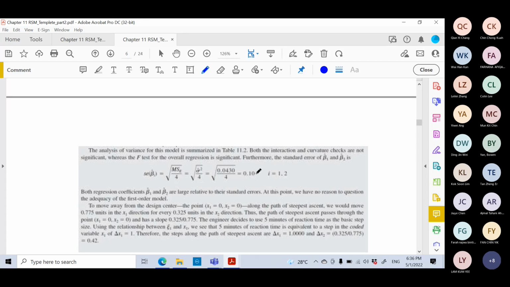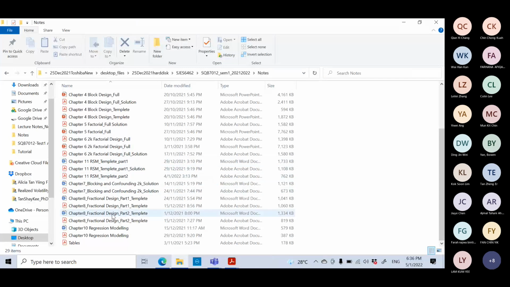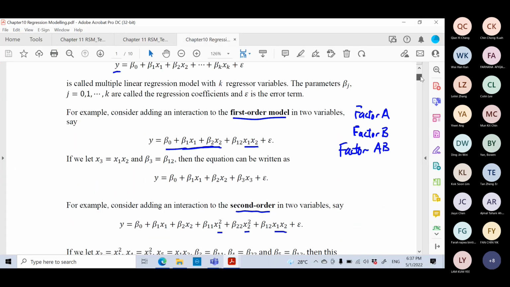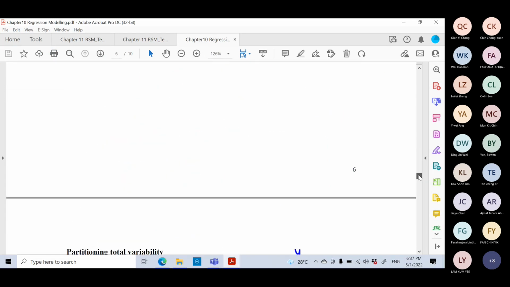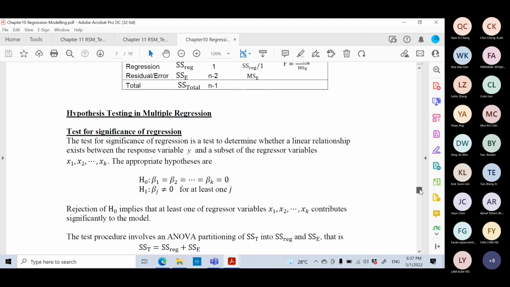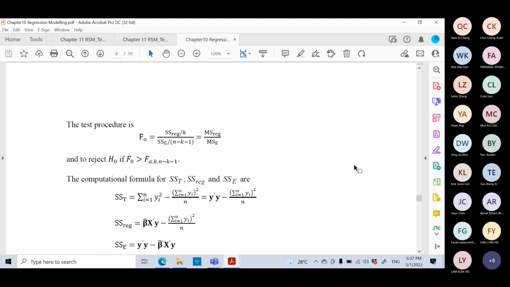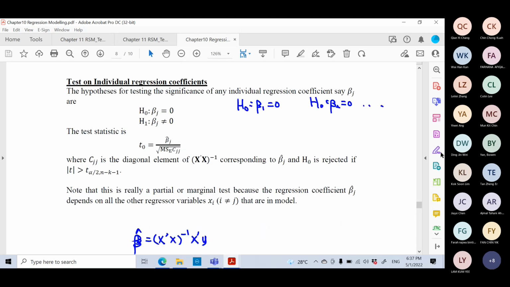Under the standard error, I think we need to relate this to the chapter on the regression model. Here we will be testing the individual significance of beta j.